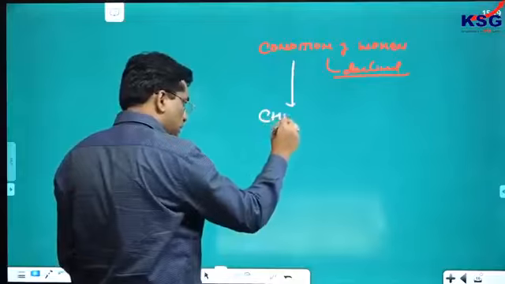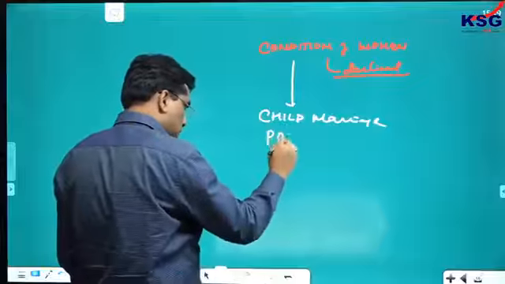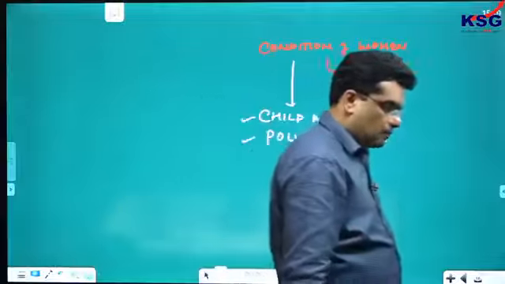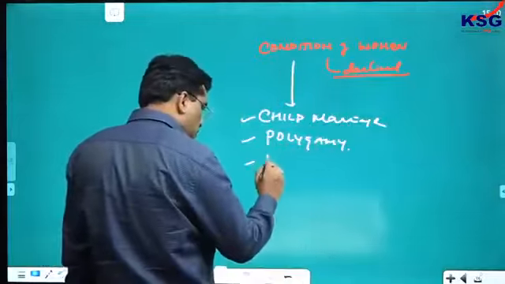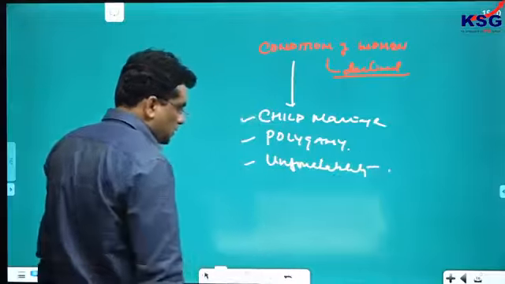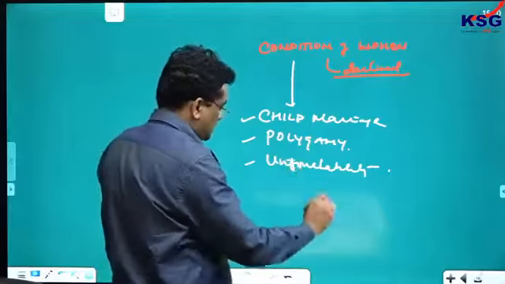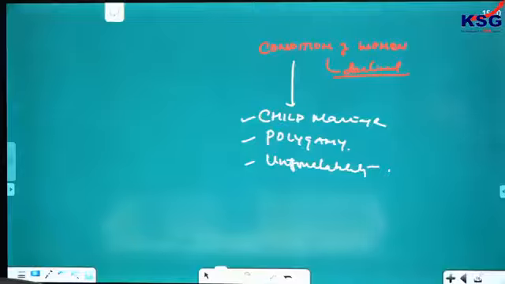We have evidence of child marriage and polygamy. There was a concept of untouchability.